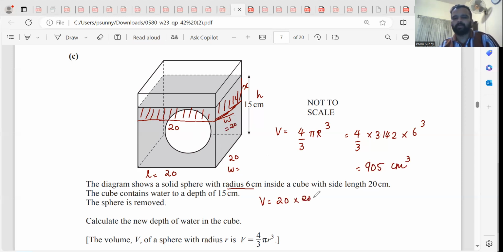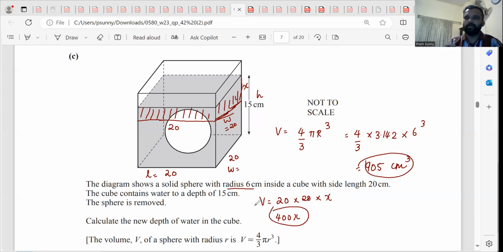They both are not going to change, and the height is x. So that is 20 into 20, 400, so 400x. These two values are the same. 400x and 905 are the same, because I told you the volume of the sphere will be the same as the volume of the water that is being reduced.